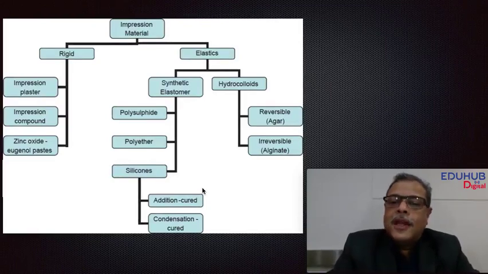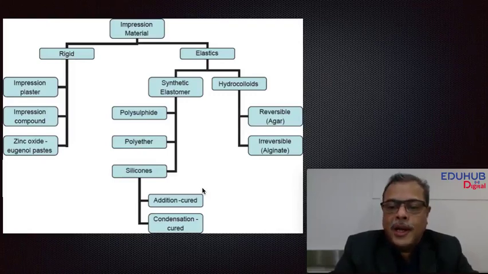Let's understand. In impression techniques or materials, we have two kinds of materials. Rigid materials are usually used for edentulous cases, when you're trying to record bony landmarks without teeth. So that's the most ideal use of a rigid material.